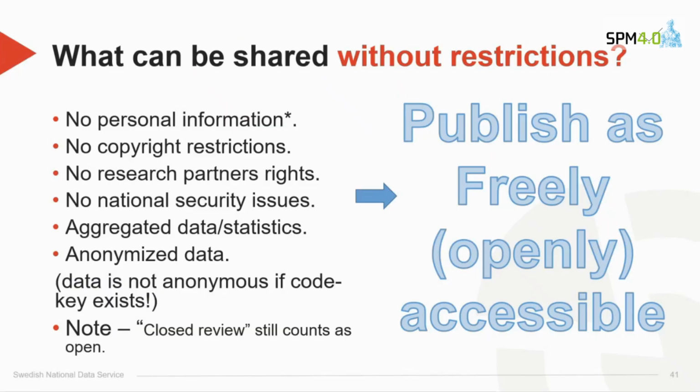Now let's get into it. What can and can't you publish openly? Surprisingly, you can publish quite a lot of stuff. You can't publish personal information, and I'm going to talk about that more. You shouldn't publish data sets that include other material that are subject to copyright.